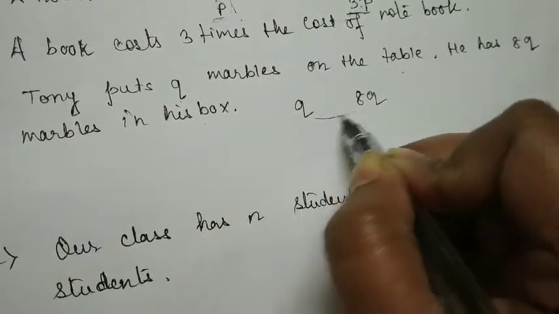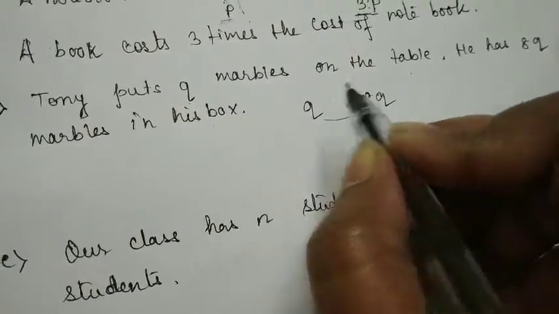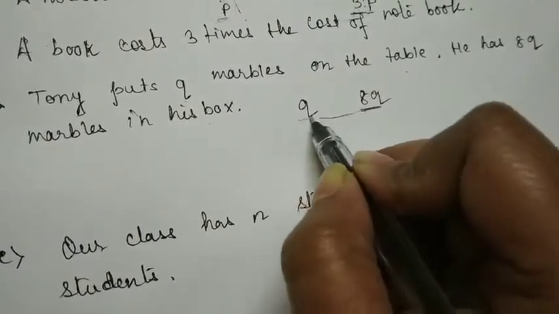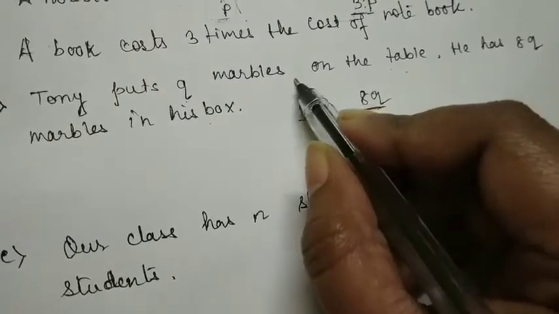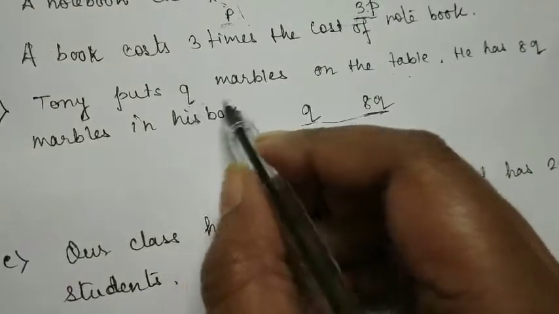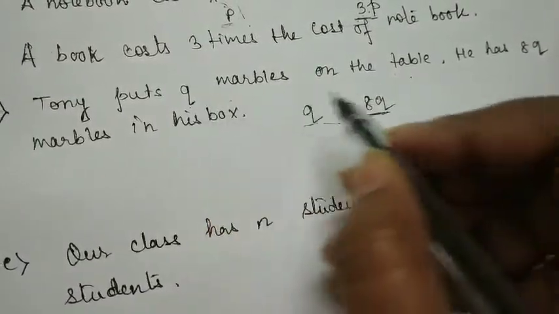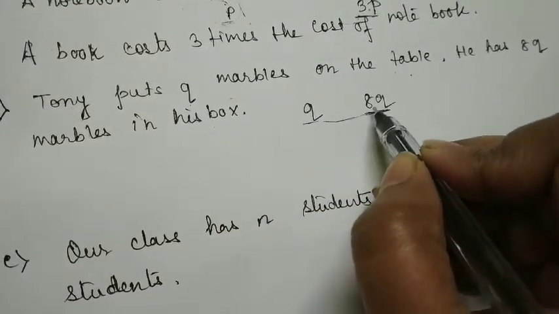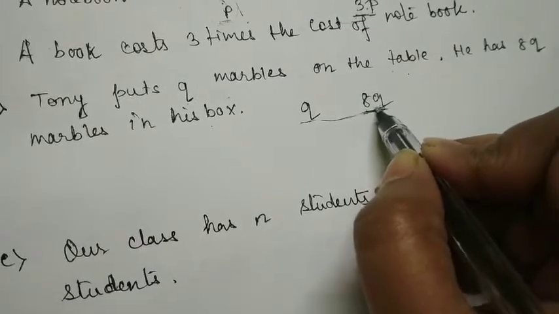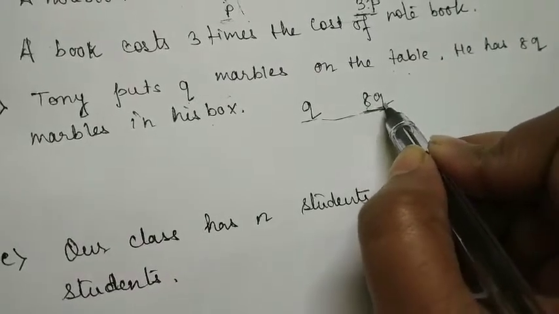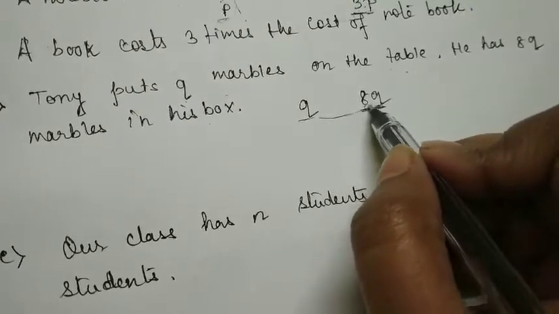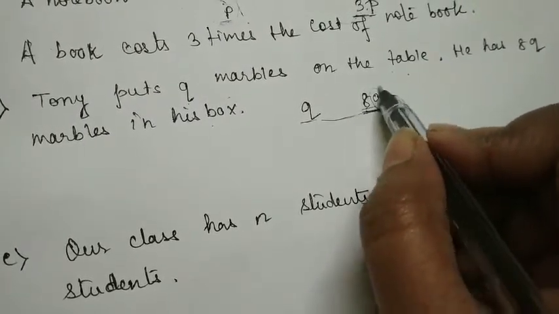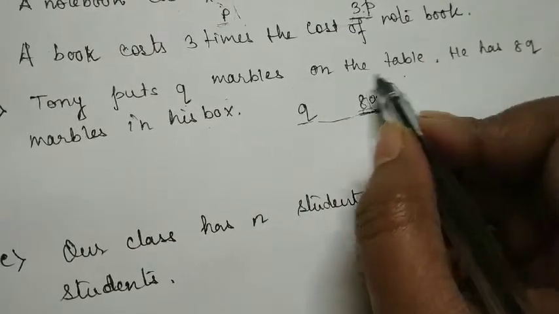So what is the relationship between these two? Here this is given in terms of Q, and Q is the number of marbles on the table. So 8Q means 8 multiplied by Q. So 8 times Q, that means Tony has 8 times the marbles. This Q is the number of marbles on the table.